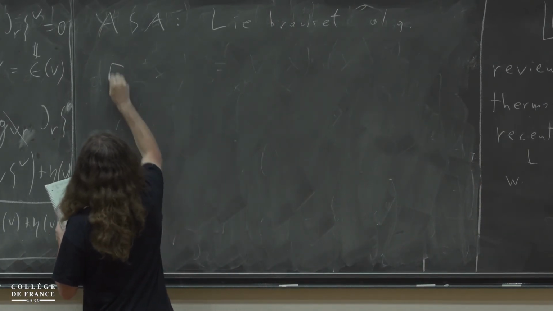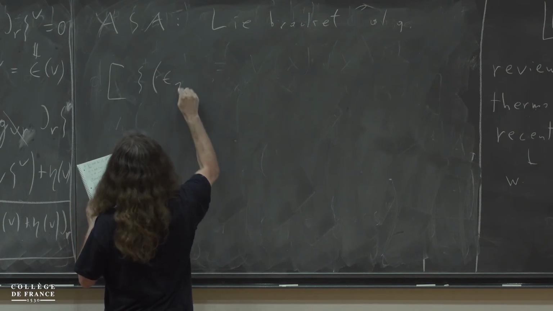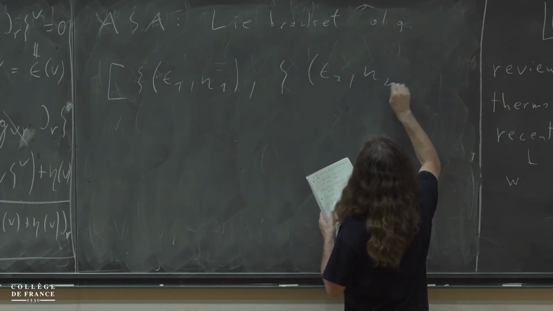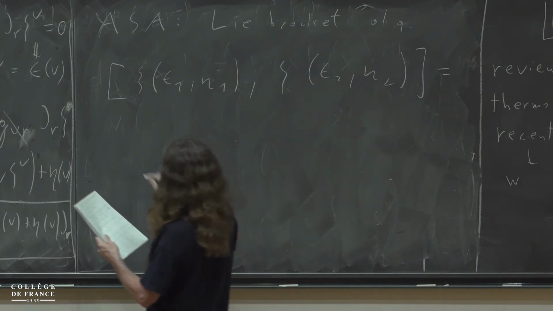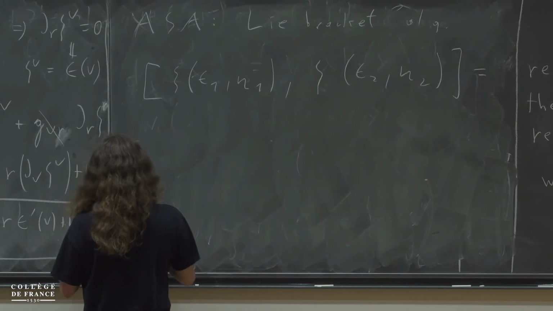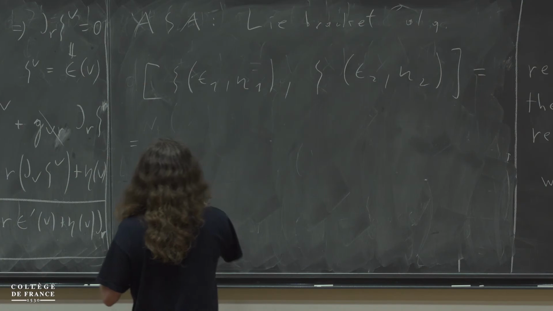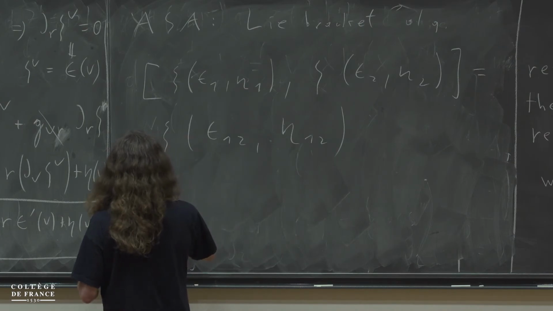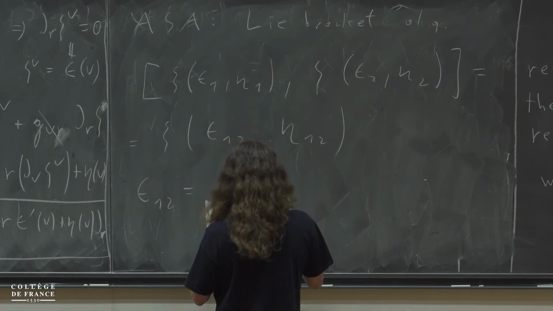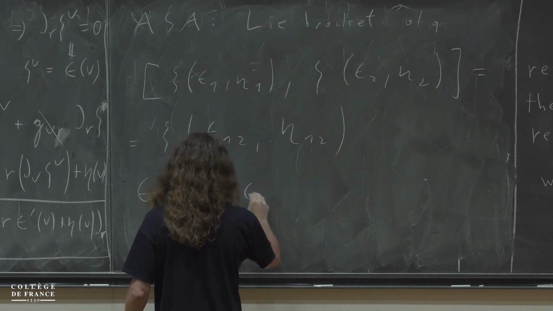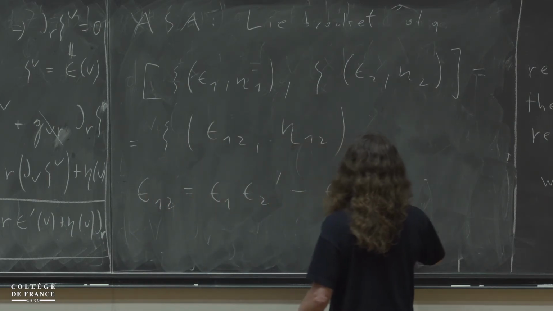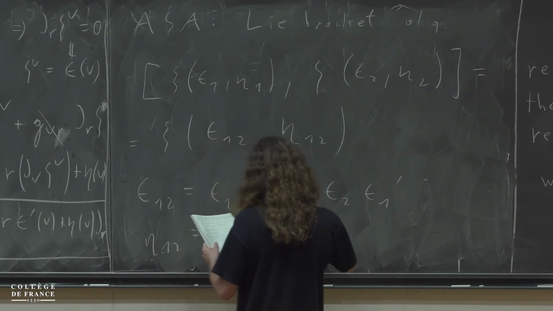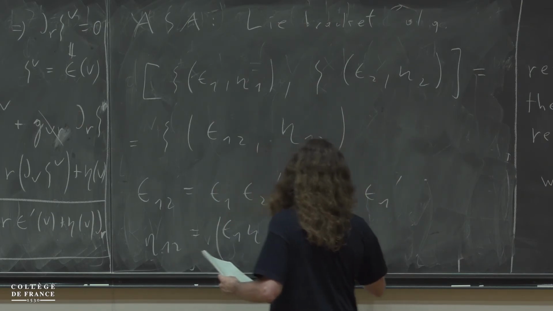Well, and given the time, let me just omit doing this calculation on the blackboard. It's elementary. So we just evaluate the Lie bracket between two such killing vectors, and it turns out that you get a single killing vector psi of epsilon 1,2 and eta 1,2, where epsilon 1,2 is epsilon 1 epsilon 2 prime minus epsilon 2 epsilon 1 prime, and eta 1,2 is epsilon 1 eta 2 minus epsilon 2 eta 1 prime.